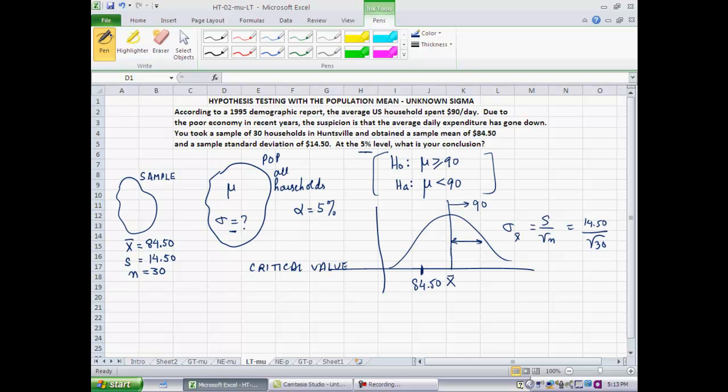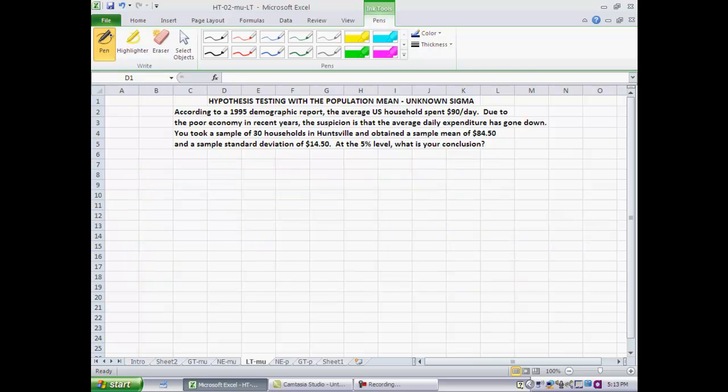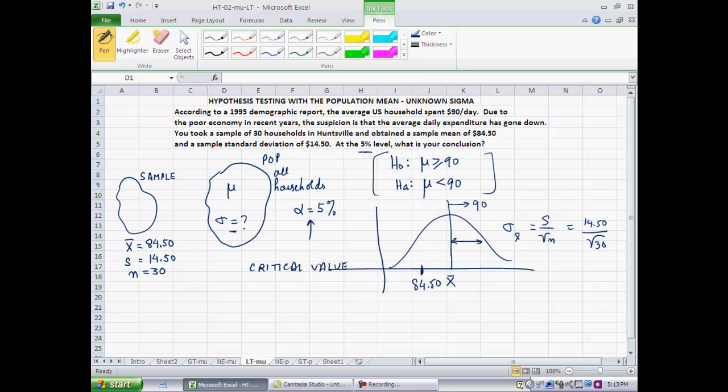Critical value method. Okay, so in the previous problem that we worked, we used the p-value method. This is the critical value method. What the critical value method says is start from your level of significance. How much risk of a type 1 error are you willing to assume? I'm willing to assume a 5% chance of making the wrong call in terms of a type 1 error. So what am I saying?